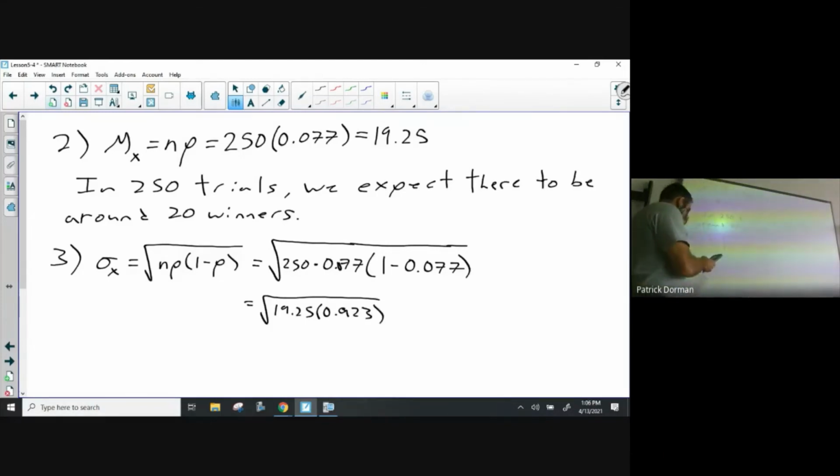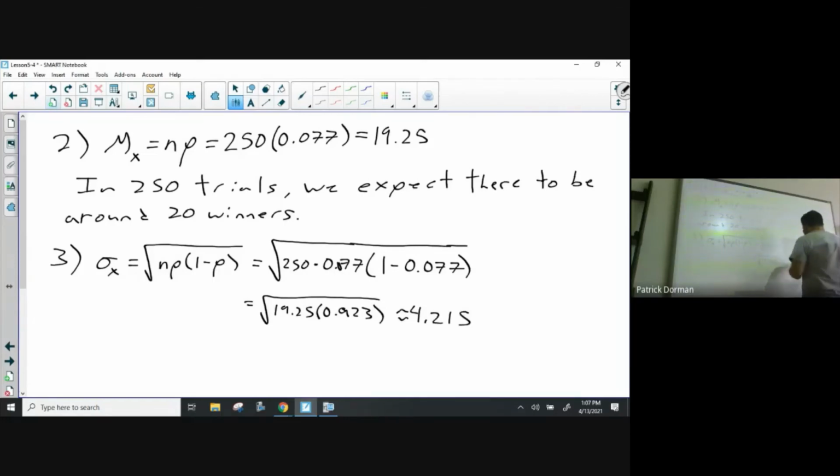Let's calculate that. The square root of 19.25 times 0.923 is approximately 4.215.